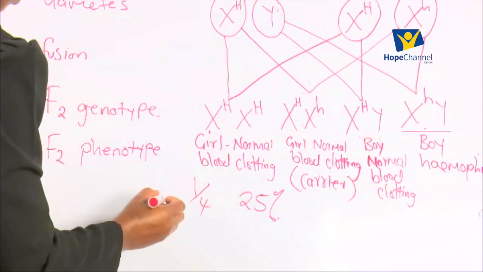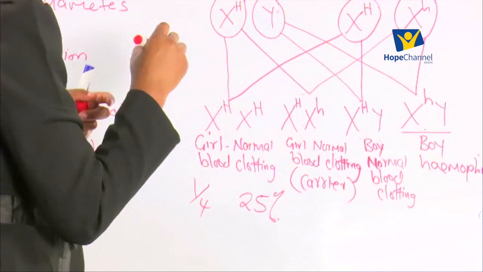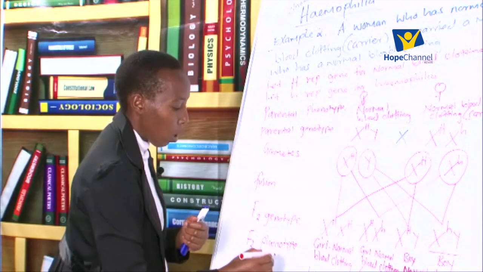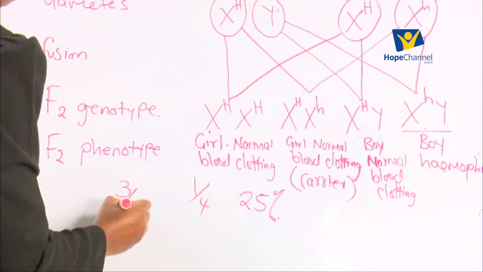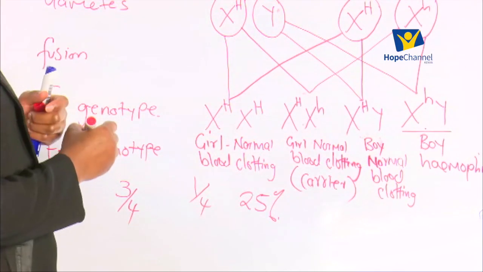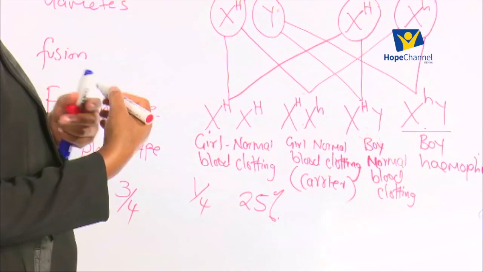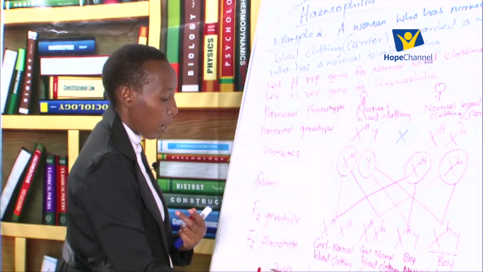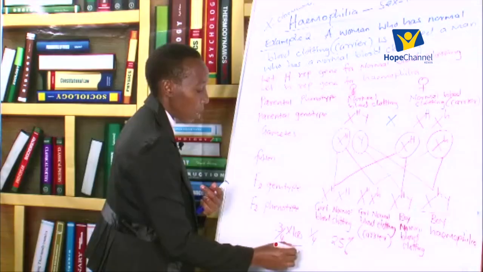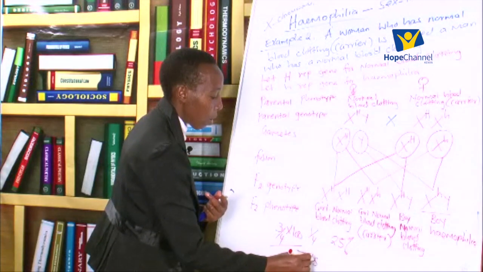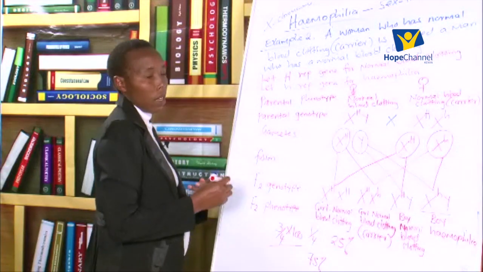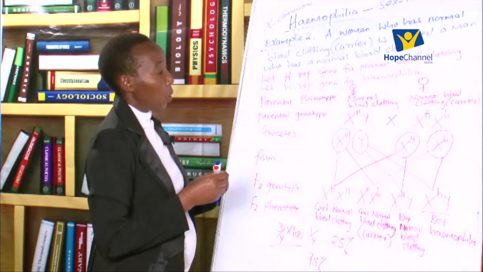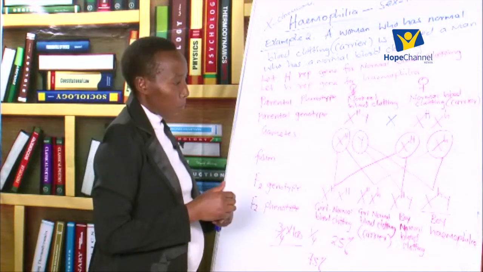So the probability that their child will be having a normal blood clotting will be 3/4. In terms of percentage, you multiply this by 100, and we are going to get 75%. So in that case, I hope you can now do another example.